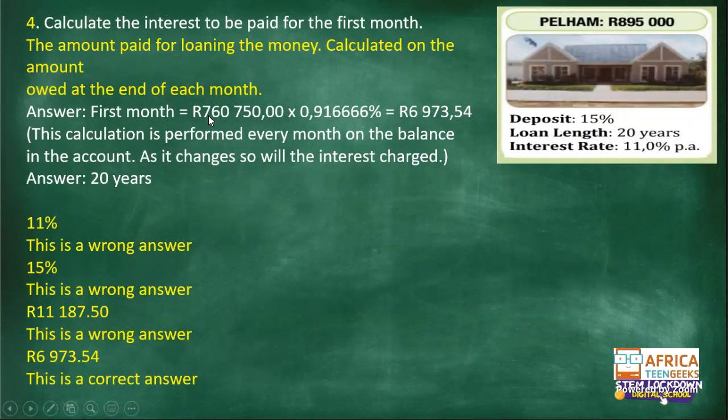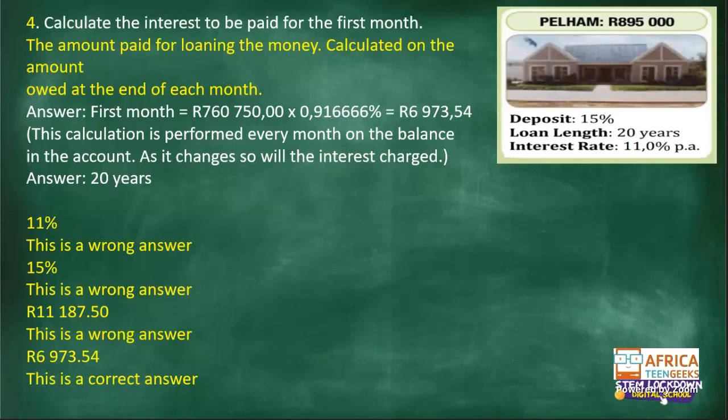To get the first month, you take the whole loan amount, but you have to multiply that by the interest rate, which is 11%. You may wonder, where do we get the 0.91666? It means we have divided the 11% by 12 months. So it gives us 0.91666%. So it's still a percent, which again, you'll have to divide by 100 if you are going to calculate.